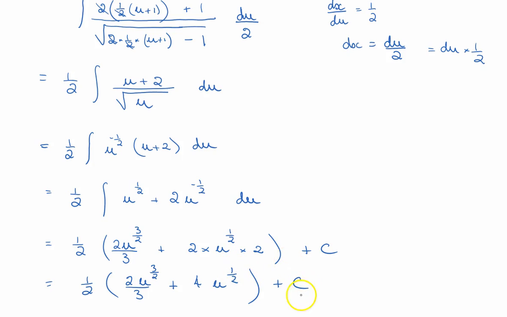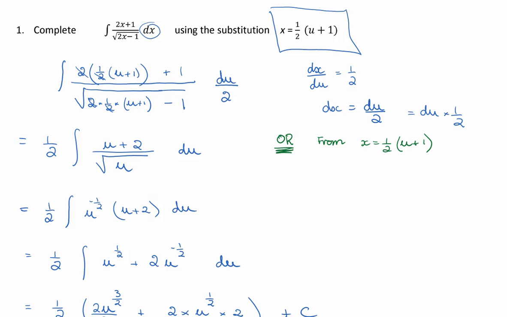So that's one way to do it. And, of course, there is another way. Now, it'll be totally up to you when you see this alternate method as to which one you use. So you might think in the beginning, well, they've said that x is that, but I'm really used to finding an expression for u, and I'm going to just manipulate this little thing that they've told me, this x equals a half u plus 1, and see what u ends up being.